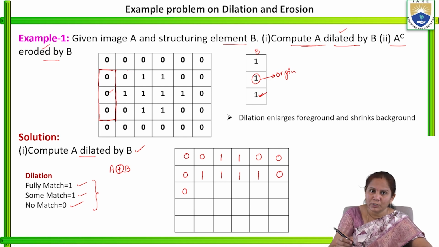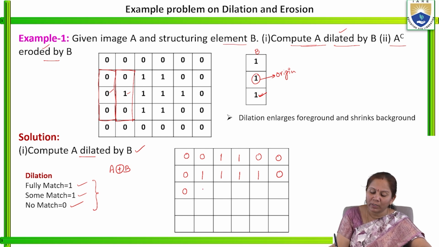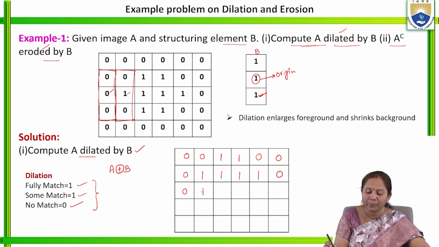Similarly, shift the sub image towards right to find the next elements in the row. If we shift this, 1, 1, 1, here 0, 1, 0. So at least this element is matched. A partial match is there, so we have to keep this value as 1.